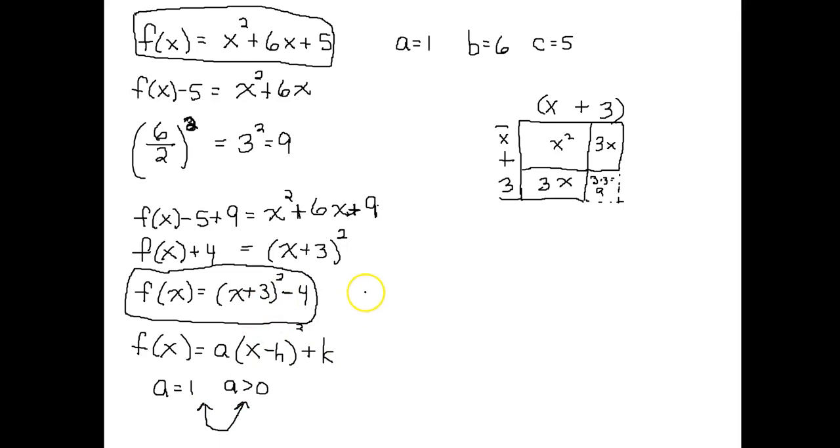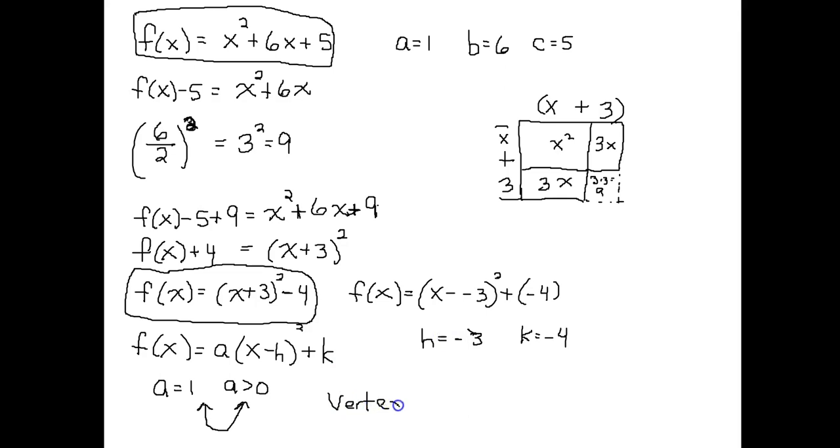Then f of x equals x plus 3 squared; in the format, we can write that as x minus negative 3, so h is negative 3, because we need it in the form x minus h. And then plus k, so minus 4 is the same thing as plus a negative 4, so k is negative 4. So the vertex of this parabola is at negative 3, negative 4.